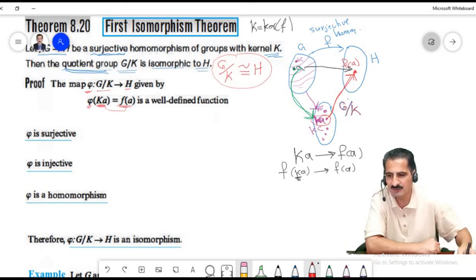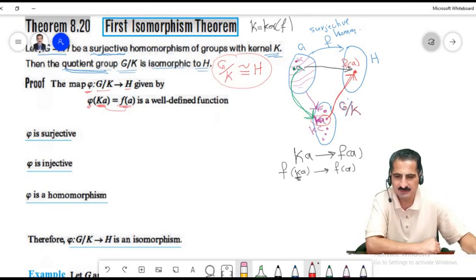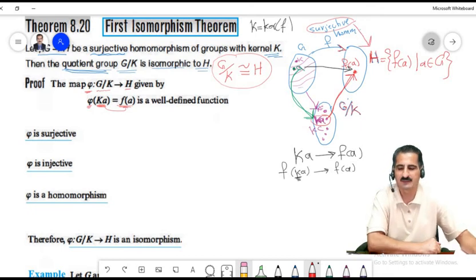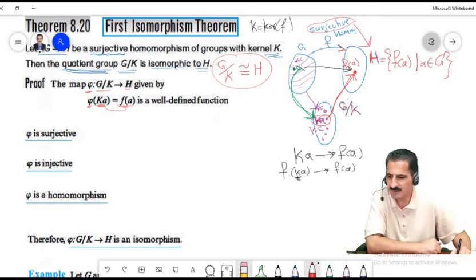Remember, H is the set of images of elements that are coming from G. Why? Because F is surjective. Okay, now we will prove that phi is surjective. So phi takes Ka to F of a.